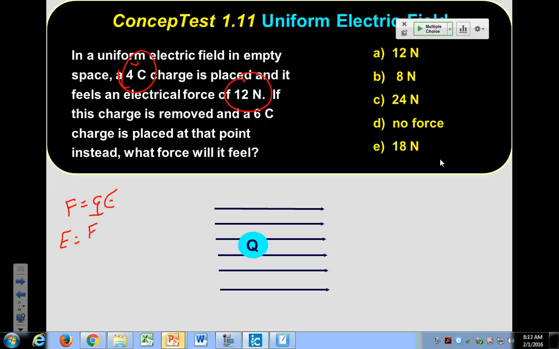So E is F over Q. That's going to be 12 over 4, which is 3 newtons per coulomb. So that is the electric field here. And then if I put in a 6 coulomb charge times 3 newtons per coulomb, then it's going to feel 18 newtons of force. So E is the right answer.